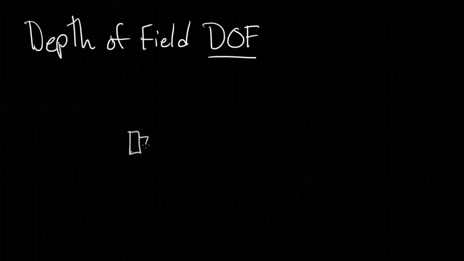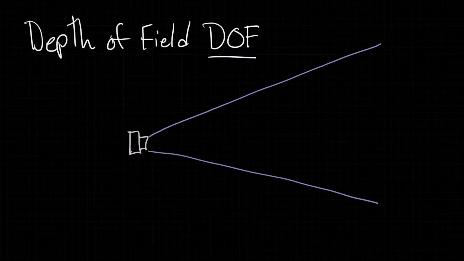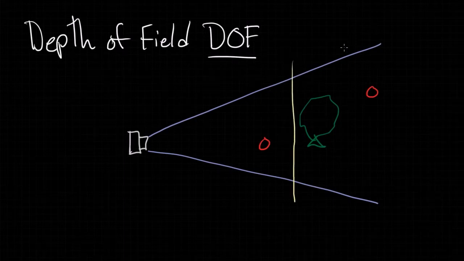Let's say we have our camera here, and we've got our lens, and we have this area that the camera can see. Now in that area we might have a tree here and maybe some apples, and what we're actually going to take a photograph of is the tree. That means that this area that contains the tree, from this distance from the camera to this distance from the camera, is the area that we're interested in.